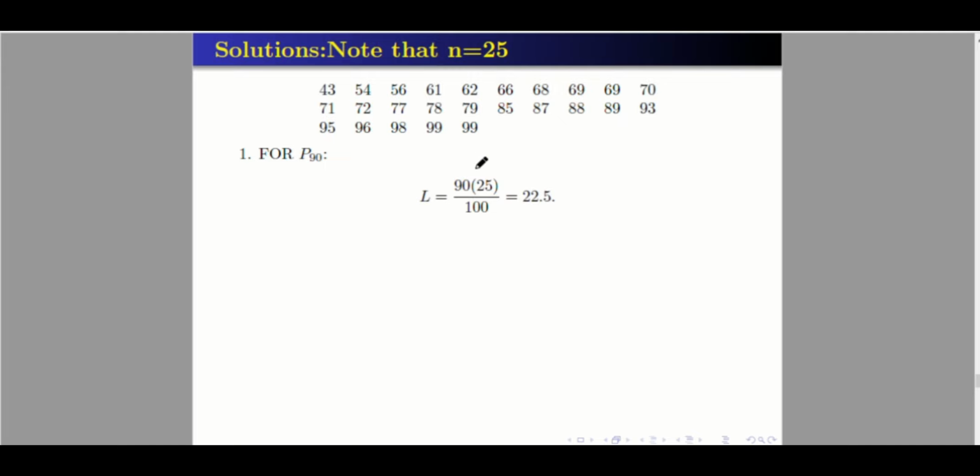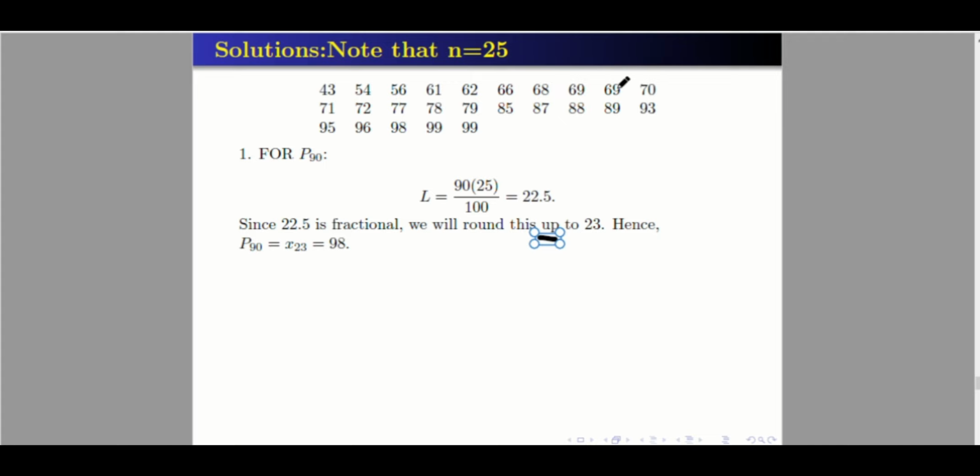So for the solution for the 90th percentile, of course, we first need to compute L. This is K times N over 100. Our K is 90 and our N is 25. Using your calculators, we have 22.5. Since this is a fractional or decimal number, we will round this up to 23. So P sub 90 is at the 23rd location.